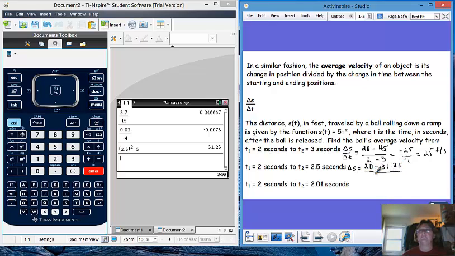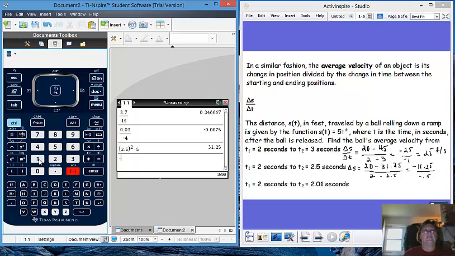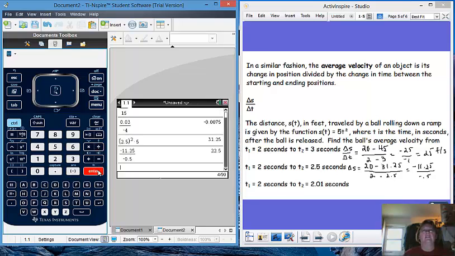And the times that we were looking at is 2 and 2.5. So let's see. 20 minus 31.25, that's negative 11.25 over negative 0.5. Negative 11.25 divided by negative 0.5 seconds.